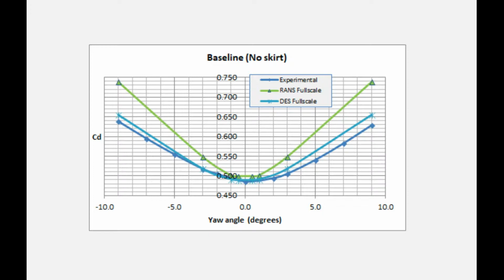And so what we recommend to users is that they run the steady RANS model first and use that to iterate through designs. And then for a final validation, we recommend using the transient model.